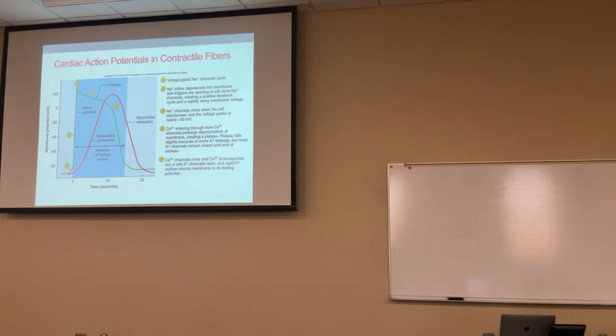So after this very long plateau phase, the slow calcium channels do eventually start to close, and then slow potassium channels open. And once the calcium channels start closing and the potassium channels start opening, then the heart muscle fibers are able to repolarize again.